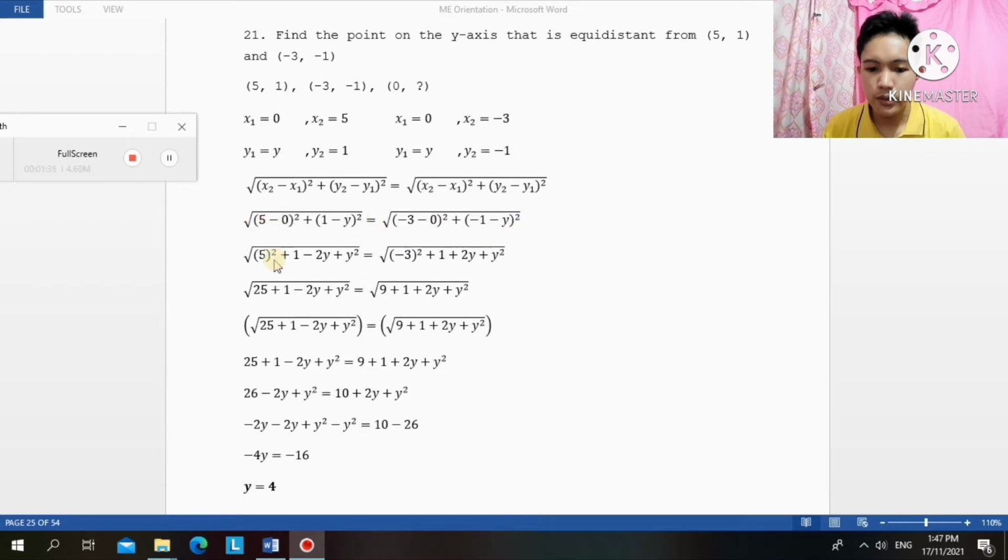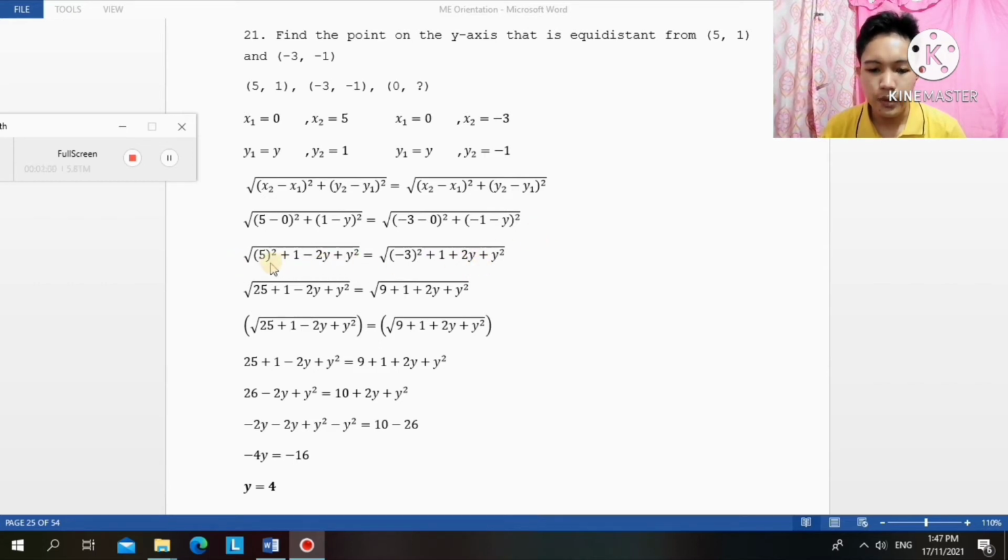So 5 minus 0 is equal to 5, and expand (1 minus y) raised to 2, which is equal to 1 minus 2y plus y squared. Then negative 3 minus 0 is equal to negative 3. Then expand (negative 1 minus y) squared, which is equal to positive 1 plus 2y plus y squared.